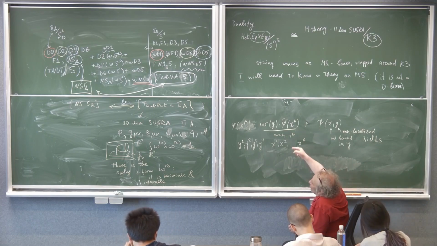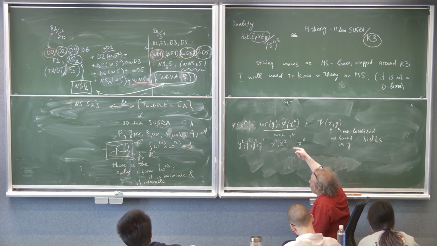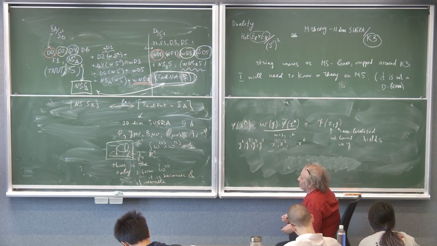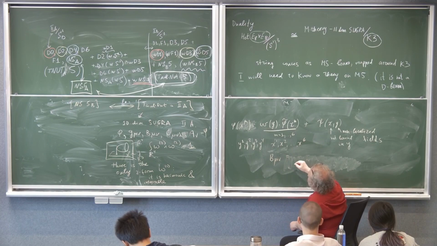So now we can see what is the theory of localized degrees of freedom. So field B mu nu would go, but phi tilde we don't say anything about.